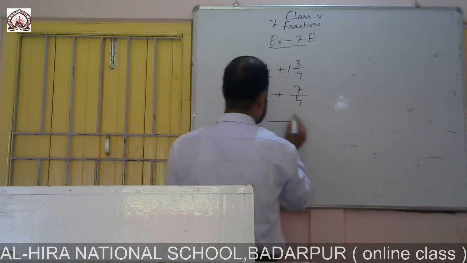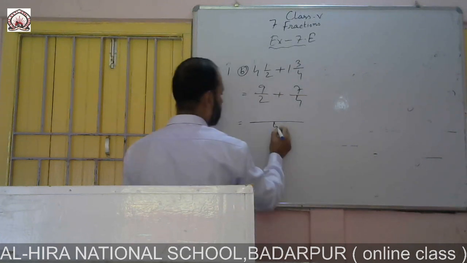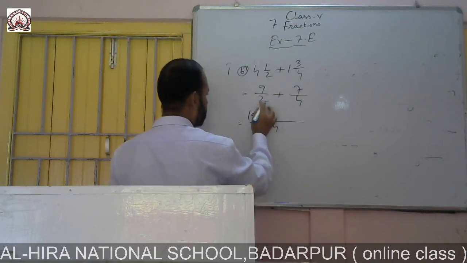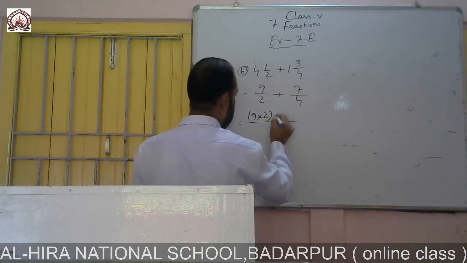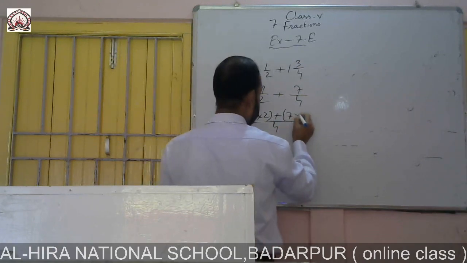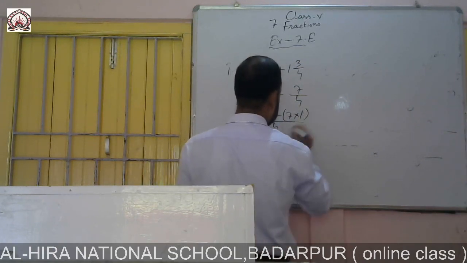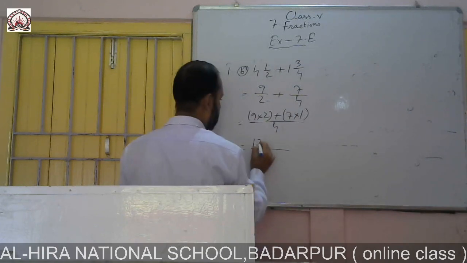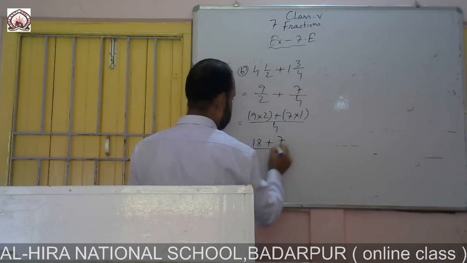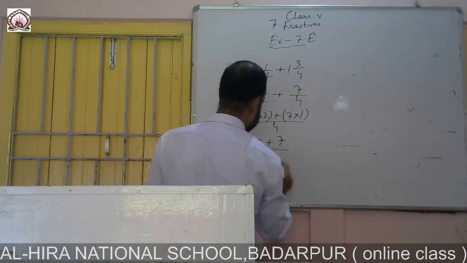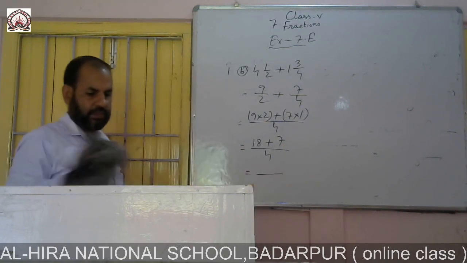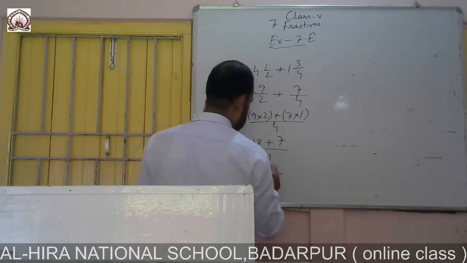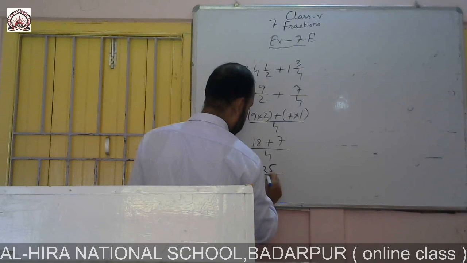We take out the LCM. LCM is 4. 2 and 4 LCM is 4. Now 9 into 2, 2 2s are 4 plus 7 into 4, 1 is 4. Now 9 2s are 18 plus 7 1 is 7 by 4. 18 plus 7 is equal to 25 by 4.